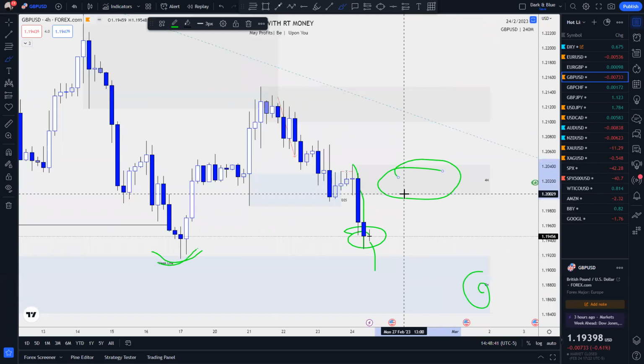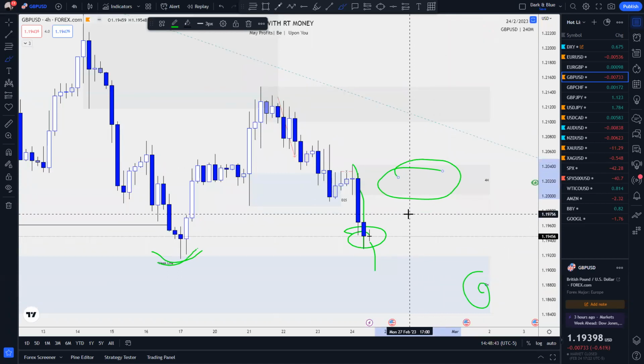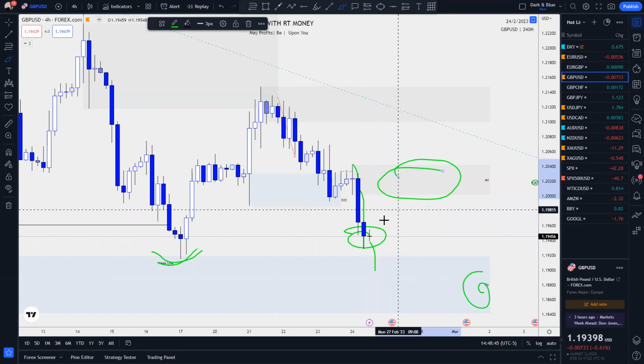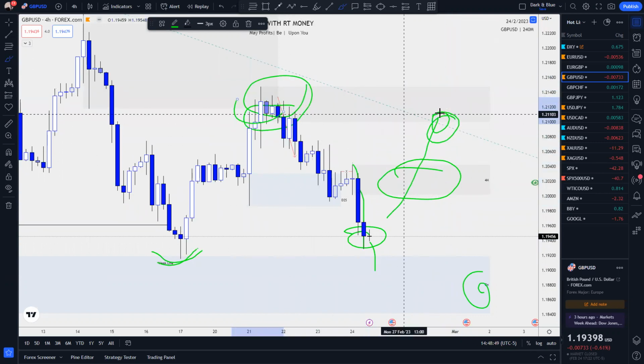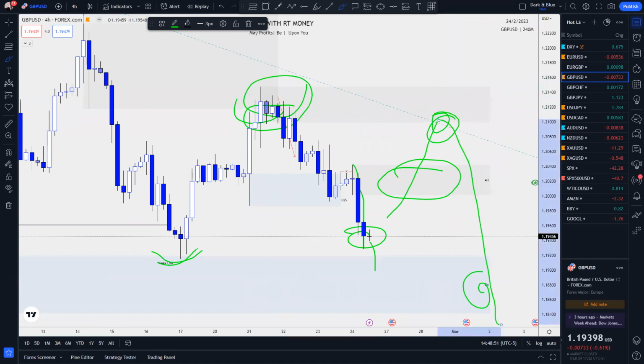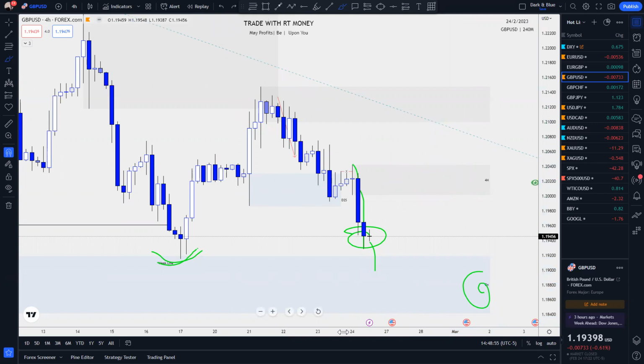The high probability is reduced, in my opinion, because this is probably going to want to go higher up to this zone up here, and then come back down, because it's going to have liquidity. It's going to have a lot of juice to make that move.